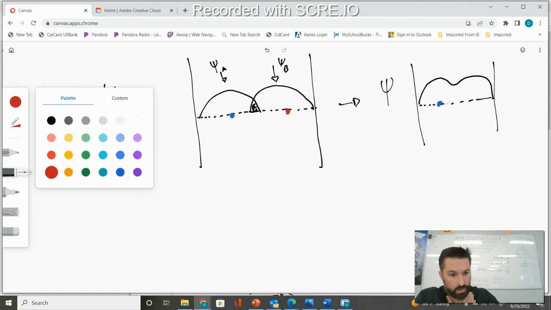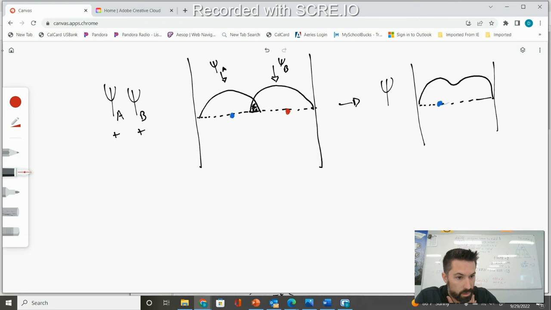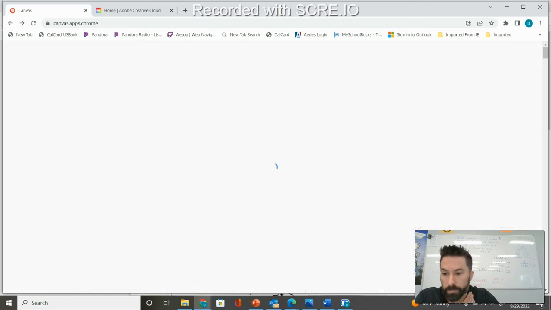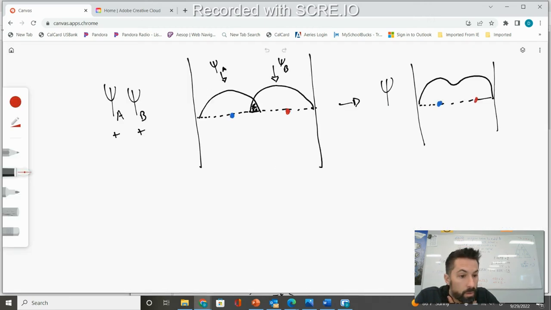So if we look at that, we see that the electron has quite a bit of chance to be found right in the middle and not a lot of chance to be found on the outsides. Perfect. Okay, this is bonding.